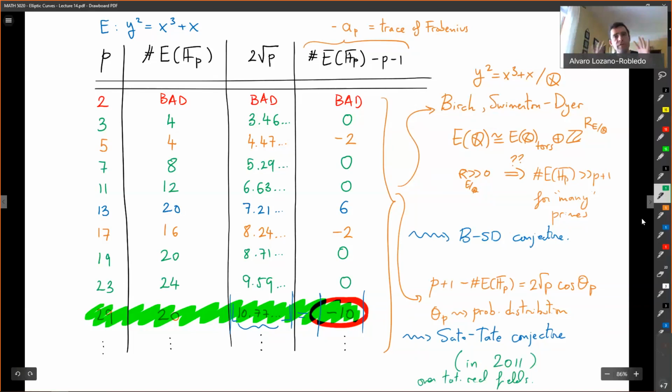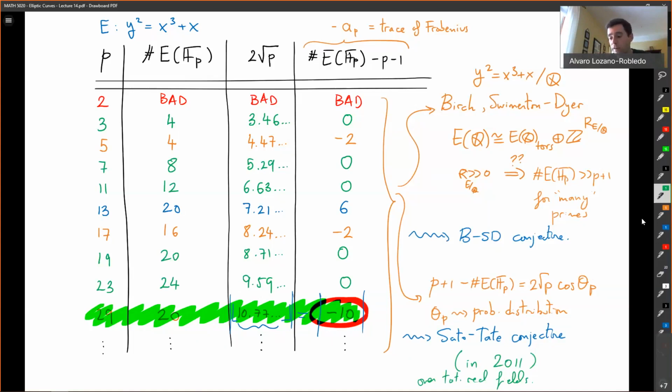Q is a totally real field, so if you just want elliptic curves over Q, you have a proof. So that distribution is actually known. Now there are a lot of other generalizations of Sato-Tate. We look at the same kind of thing, but for abelian varieties, and that is not known in many cases, but we have conjectural lists of what distributions happen and when they happen for several types of abelian varieties.